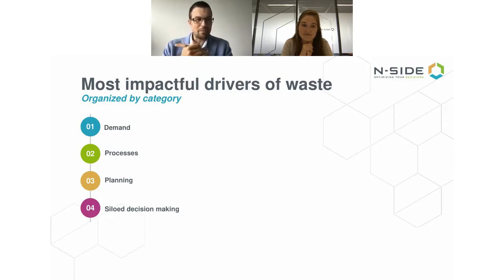The second major source of waste in clinical manufacturing is the processes themselves. We'll go into this a little further: understanding how processes drive the waste up is an important factor in discussions, for example, with your commercial colleagues, who definitely do not have the same variability built into their processes.